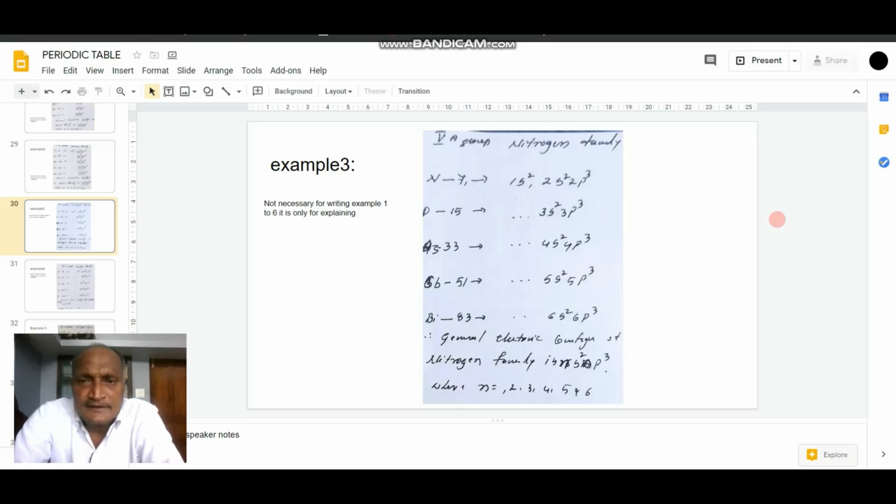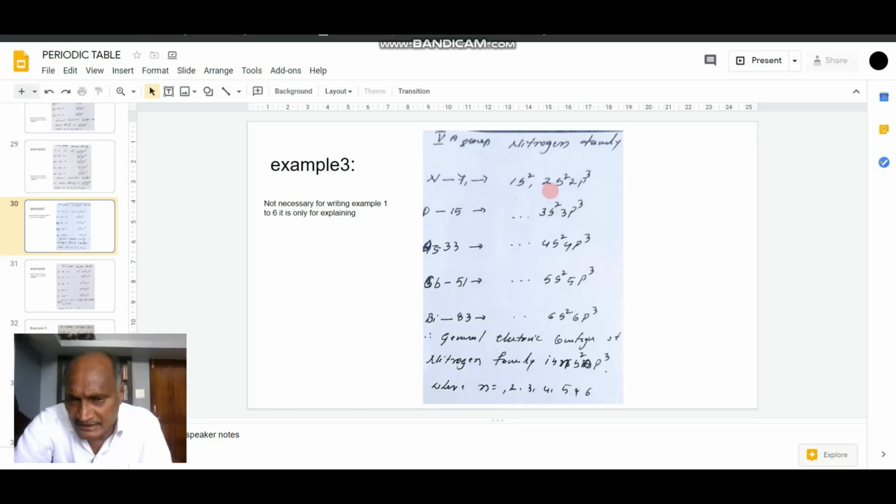Coming to nitrogen family, as the atomic number of nitrogen is 7, its configuration can be represented as 1s2, 2s2, 2p3.